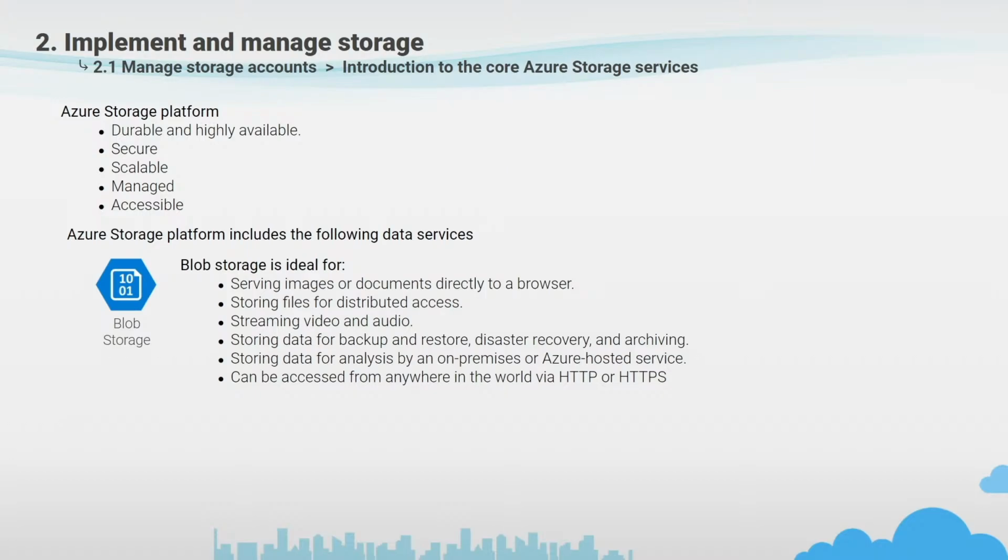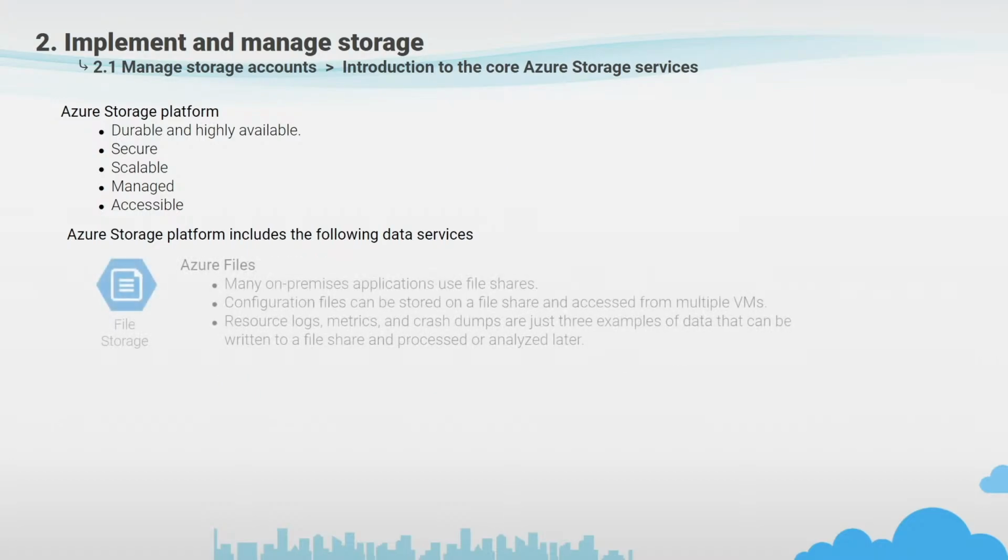It is also used to store data for backup and restore, and disaster recovery. As already mentioned, objects in Blob Storage can be accessed from anywhere in the world via HTTP or HTTPS, and an API is also available to work with a storage account.